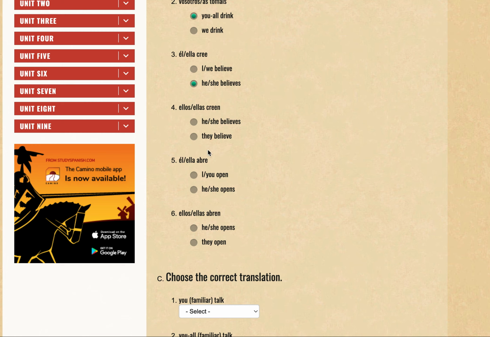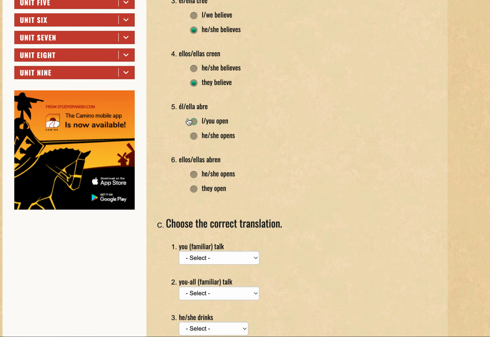They believe, because in English you literally cannot distinguish between they masculine and they feminine, right? So it's just one word. Because of that, let's make this the answer. They believe.